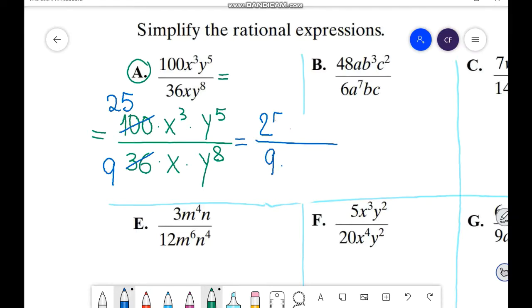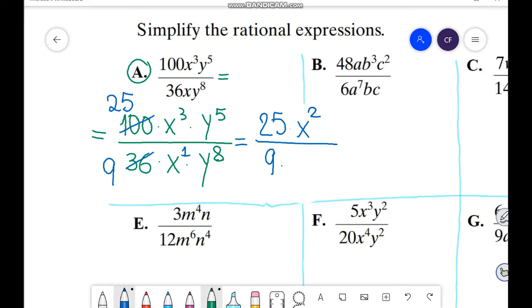Now check the variables. We have x cubed on the numerator and x on the denominator. Keep the one that has the highest exponent. So we're going to keep the one on the numerator, and subtract the exponents. 3 minus 1, so you have the exponent of the result, x squared.